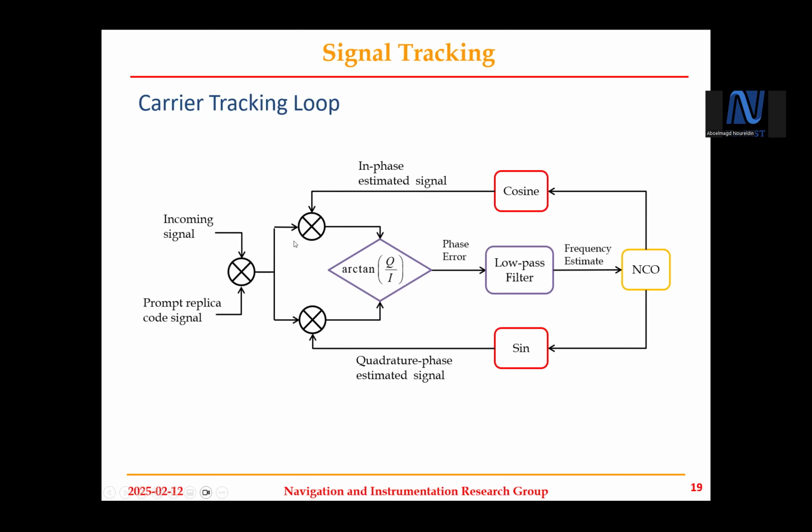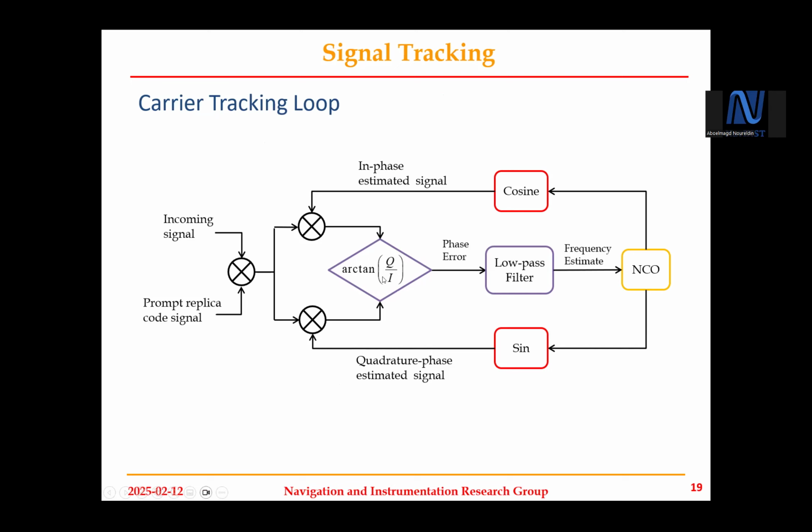So this discriminator here may answer your question from earlier. The output, the quantity we get out of this, should tell us how far we are from the actual incoming signal frequency and in what direction, whether we are left or right of it, and the magnitude.